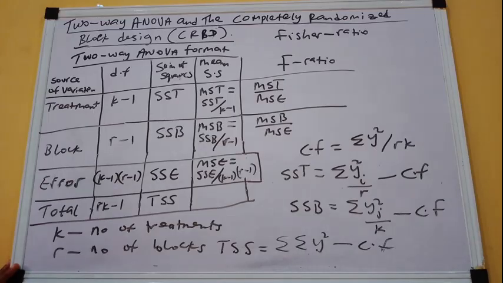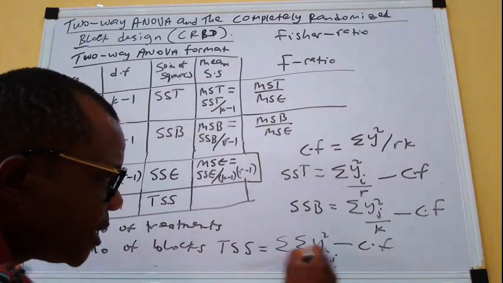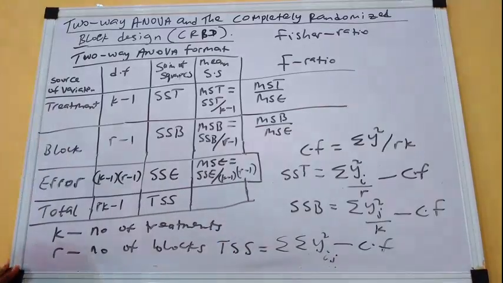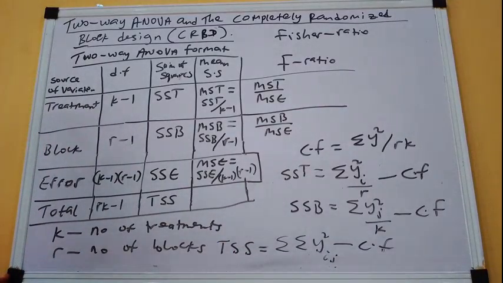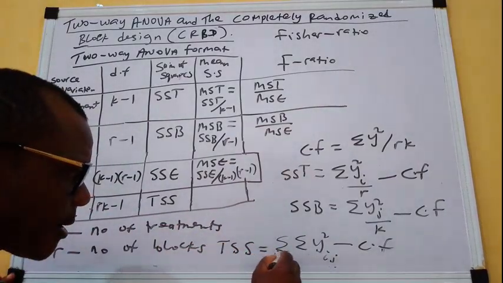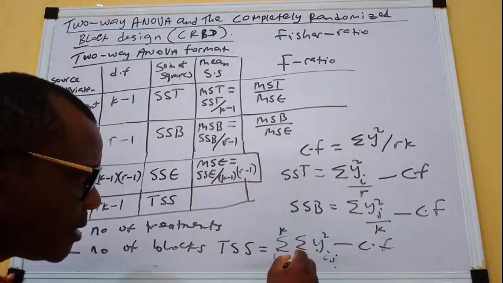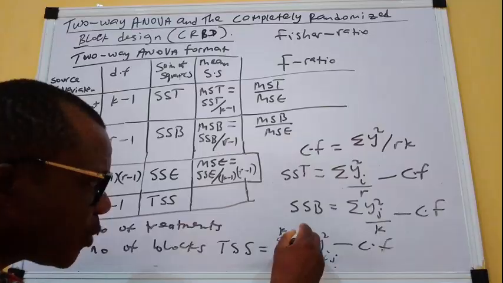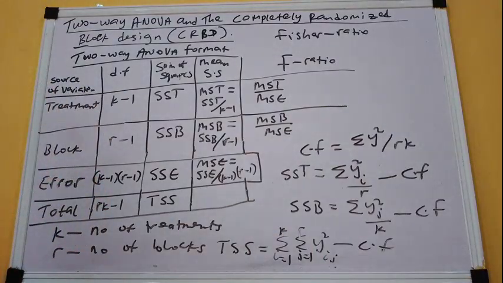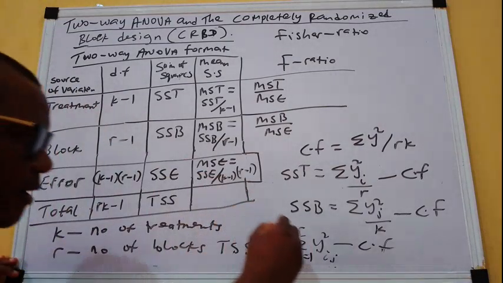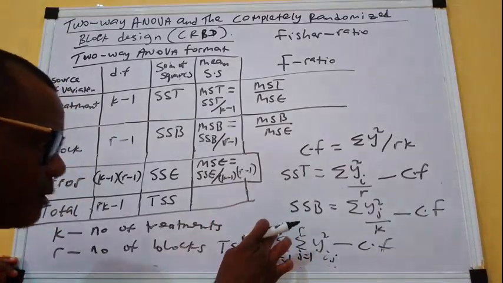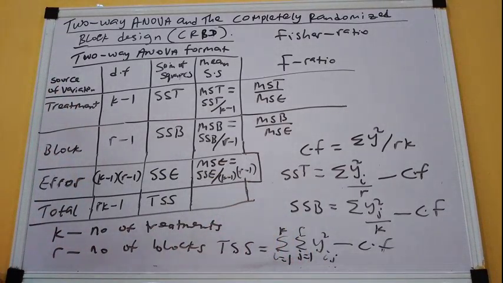That's the TSS. So this one will be the IJ, of course, I running from 1 to K, and J is equal to 1 to R. So the number of treatments is K, while the number of blocks is R.